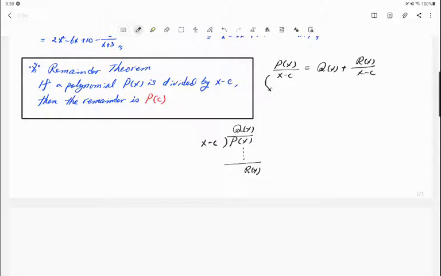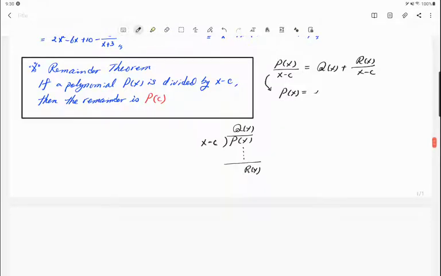So if we multiply x minus c on both sides, this will be q of x times x minus c, right? And then r of x over x minus c times x minus c.